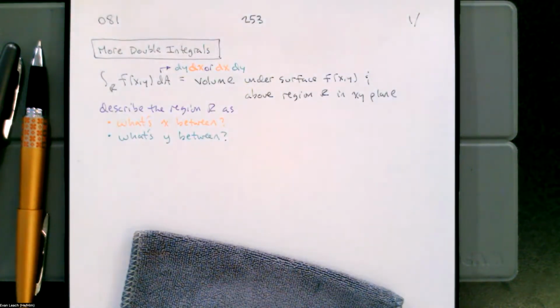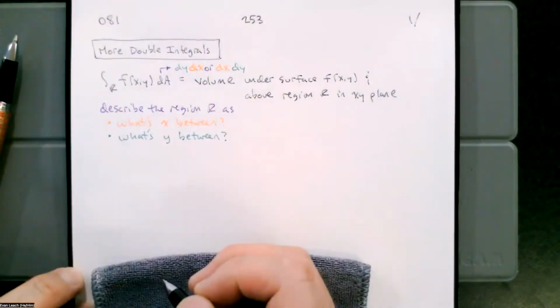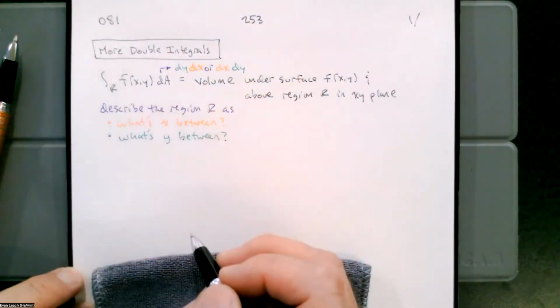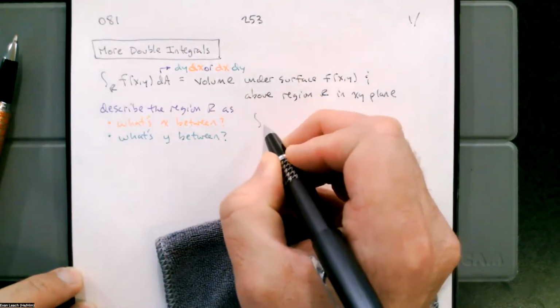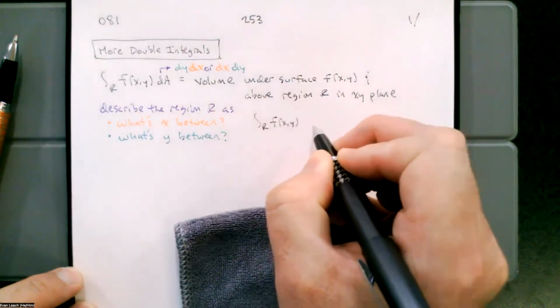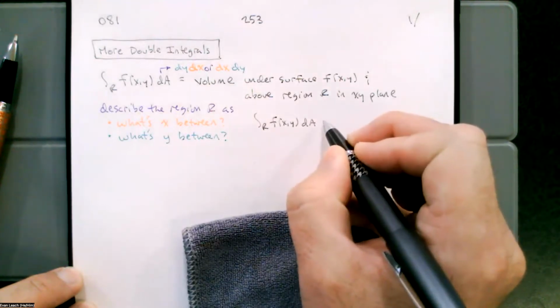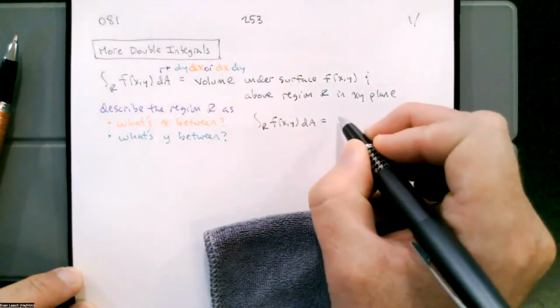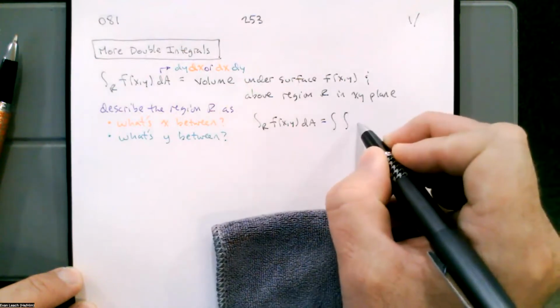So we're going to turn our integral over R of f of xy dA into a double integral, one integral for each of the variables.